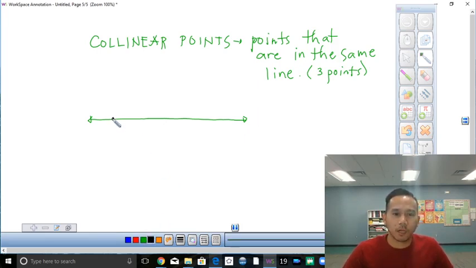So let us say I have here point Q, point R, point S, and point T. So point Q, point R, point S, and point T are collinear.